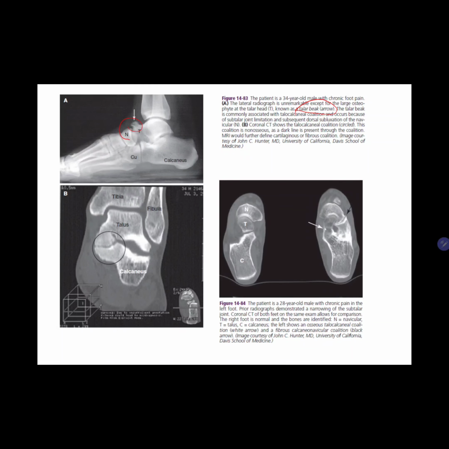And then the coronal view of the feet on the same exam allows comparison of the right foot and the left foot. As you can see, there are coalitions found here. This is the talar coalition here, and this is the talocalcaneal coalition over here.